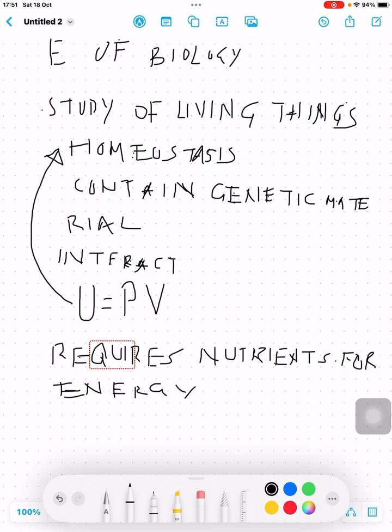Okay, so those are the main points about living things. Homeostasis, and they contain genetic material to help them reproduce. They undergo reproduction.